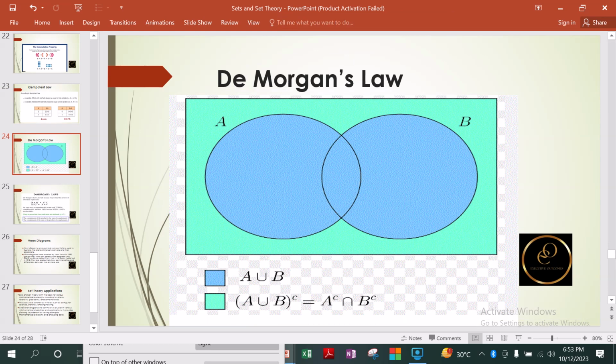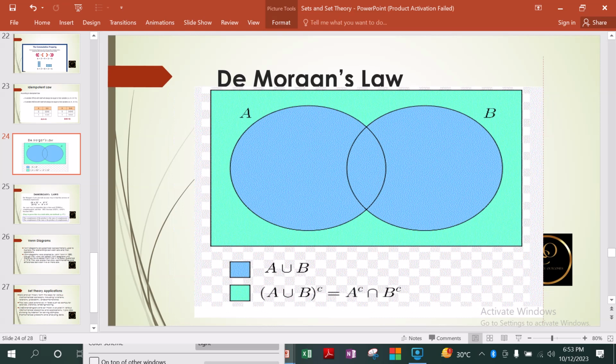When you look at the diagrammatic presentation, it's showing you that A union B will be the sum of the elements in A and the elements in B. Now A union B complement, which is the all red and blue shaded part inside there, is equal to A complement intersection B complement.